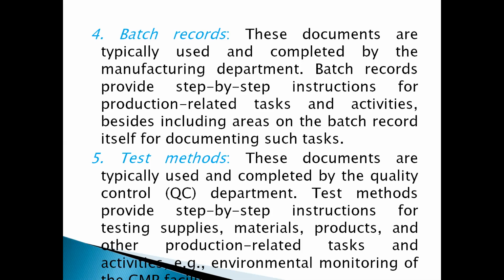Fifth one is the test methods. These documents are typically used and completed by the quality control department. The test methods provide, again, step-by-step instructions for testing supplies, materials, products, and other production-related tasks and activities. An example is the environmental monitoring of the GMP.